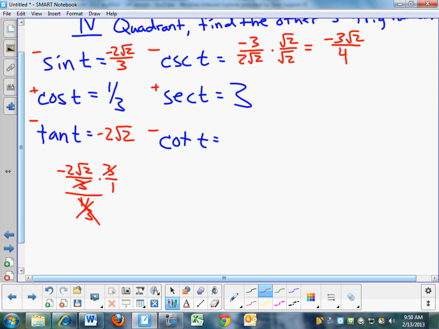Cotangent. Be 1 over negative 2 roots of 2. Going to multiply top and bottom by square root of 2. We get negative square root of 2 over 4. Any questions?